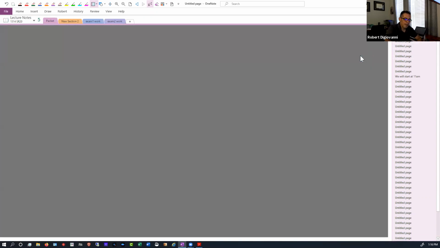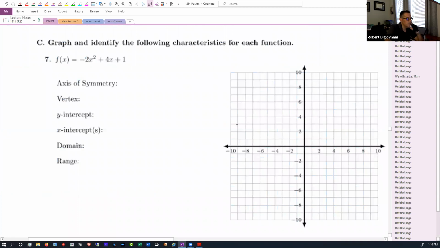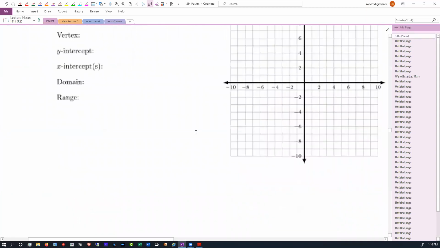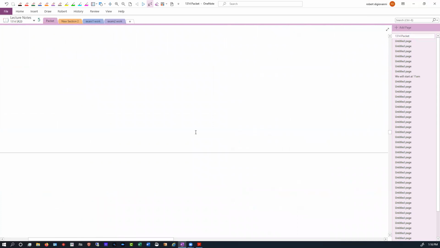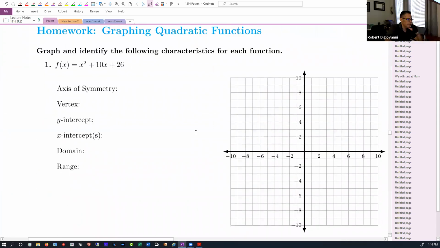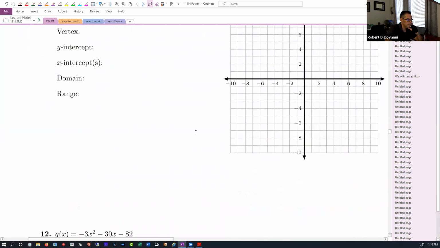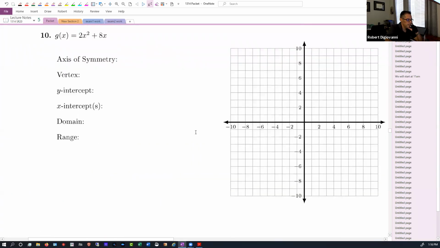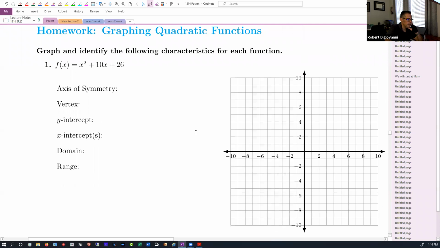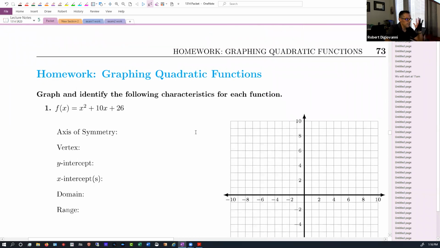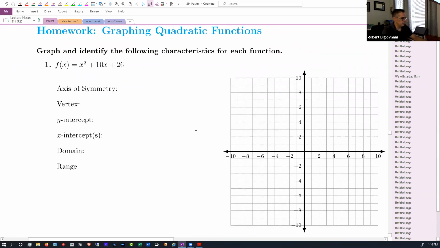Okay, let's go back and I want to take a look at the homework right now. Let's see what the homework looks like. Okay, homework graph. So the homework here. Let's take a look at this first one. So here's what I want you to do for your homework. I don't want you to worry about that, or that.